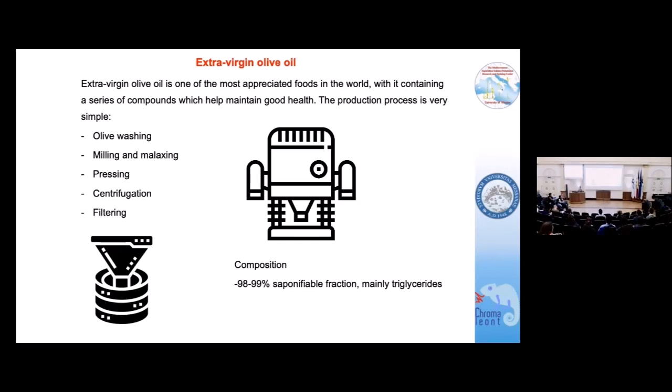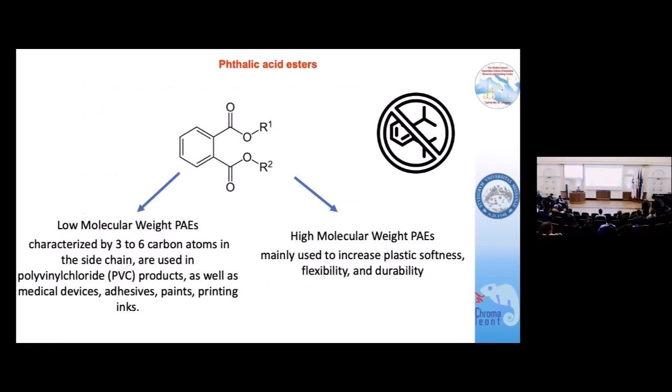Something on the composition: it is almost 100% saponifiable fraction, that's triglycerides. For sure, you are aware that triglycerides are difficult to analyze using GC techniques. So if you need to analyze some xenobiotics like phthalates or pesticides, you need to do extraction in order to remove triglycerides before the injection.